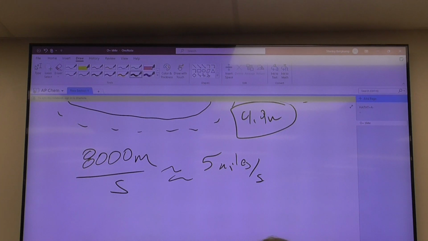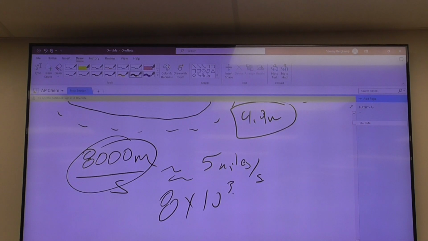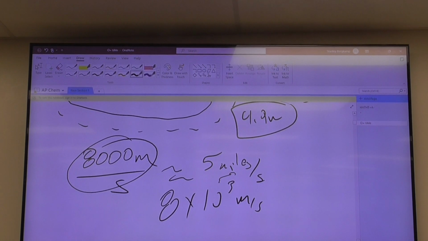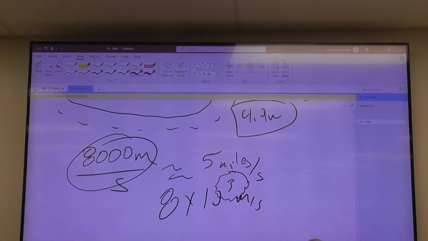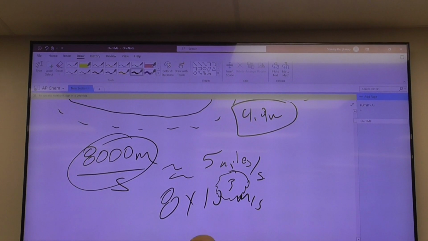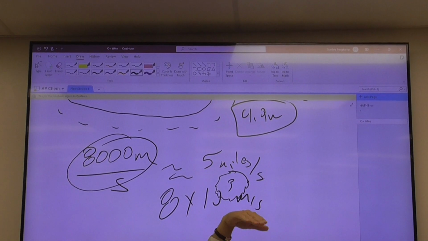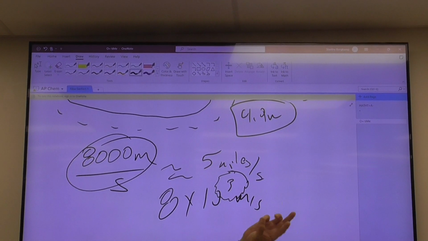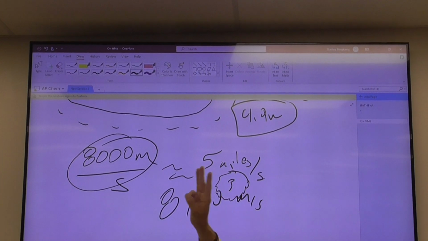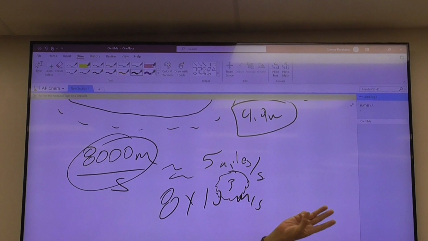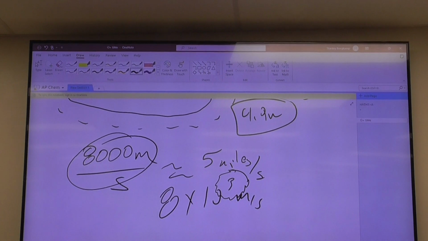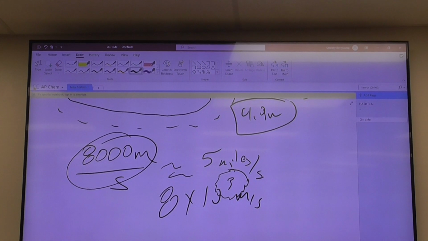Now, we're going to spend a lot of time talking about what we call orders of magnitude. So 8,000 meters per second is like 8 times 10 to the third meters per second. So what you're going to see eventually is that things in orbit around the Earth or around the moon almost always have an orbital velocity of 10 to the third. That's the easy number to remember, 10 to the third. If you ever get an orbital velocity of 10 to the sixth, you have done something horribly wrong.